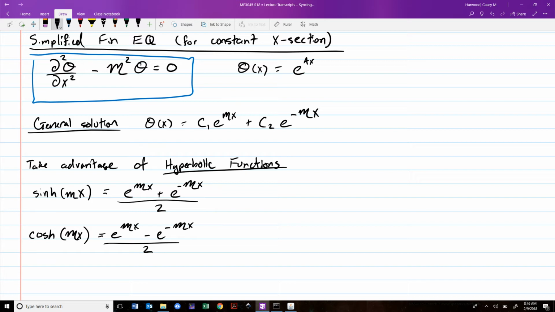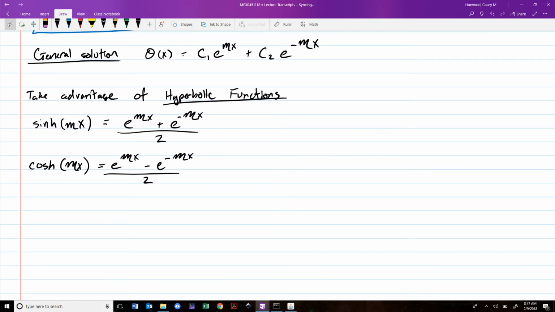So in other words, if we split up our C1s and C2s in particular ways, then we can reorganize that general solution into one that is an alternative general solution.